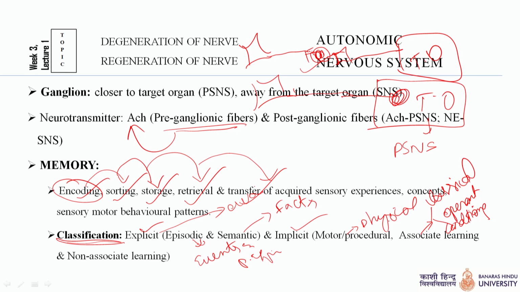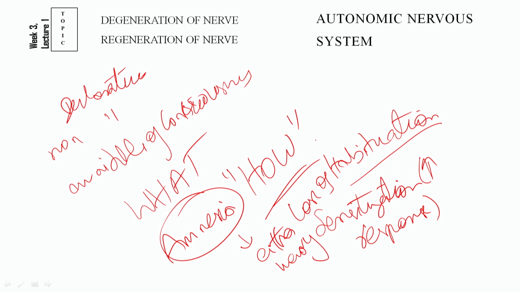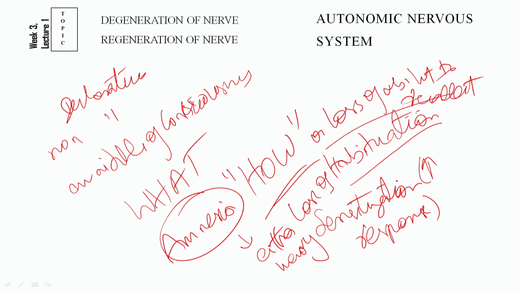The last one is amnesia, which is related with memory. What is amnesia? Amnesia is nothing but forgetting. It is a deficit in explicit memory, which is either loss of memory or loss of the ability to recollect whatever has happened. There are two types of amnesia: anterograde amnesia and retrograde amnesia.